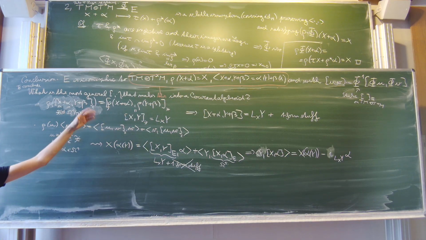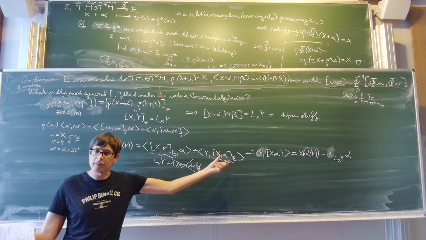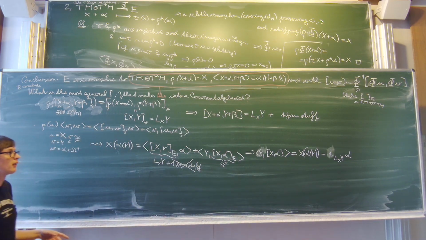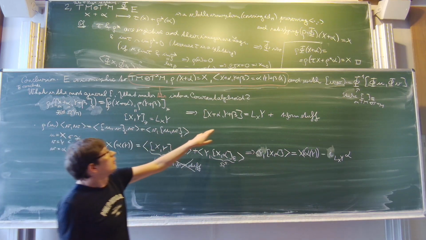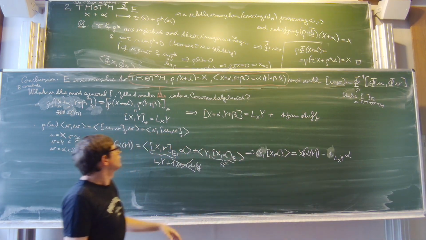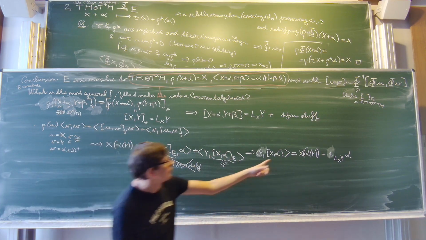So I'm using the axioms always in a way that I get only one unknown, and I determine its form from there. Here I used this to determine what the vector part was, and now I use that in one step to determine what this thing is. So what is this thing?